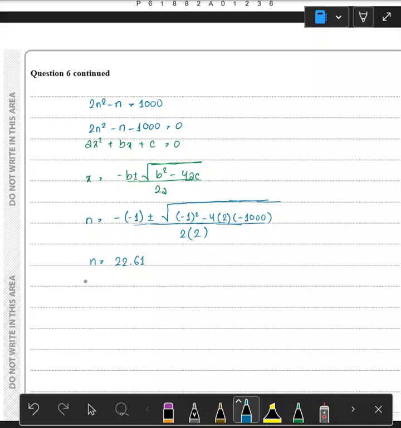So the least value of n for which Sn will be greater than 1000, remembering n is an integer, would be 23, right?